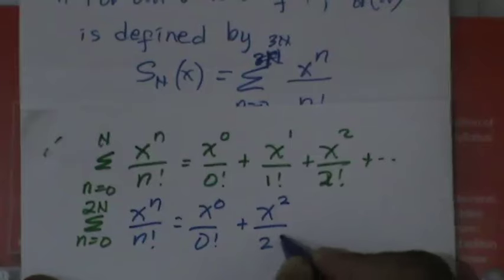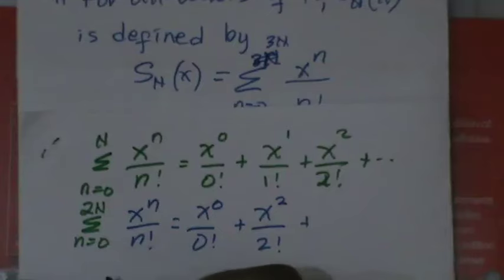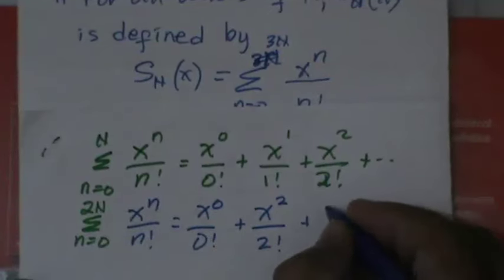If n is 1, 2 times 1 is 2, so this is going to be x to the second power over 2 factorial. If n is 2, 2 times 2 is 4, so that's going to be x to the 4 over 4 factorial. So that is the meaning of that.